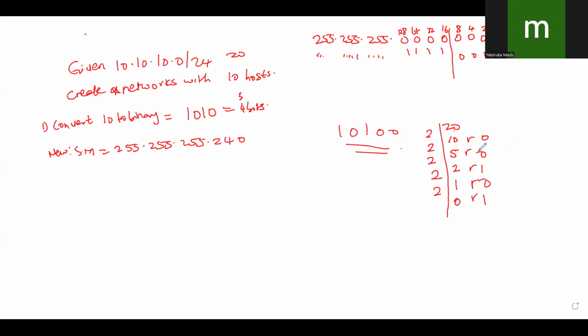So you collect the remainders from bottom to top. If I collect the remainders, it is 10100, the same thing I had here. So that is the same process we did to convert 10 to binary.